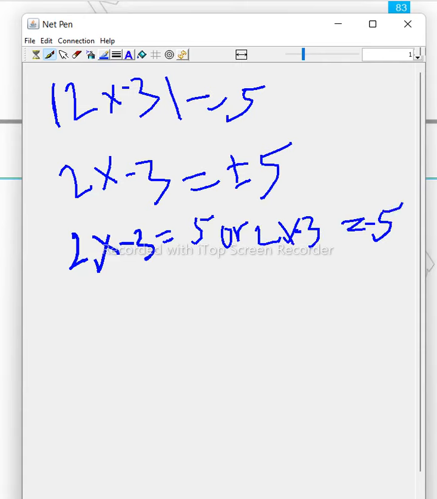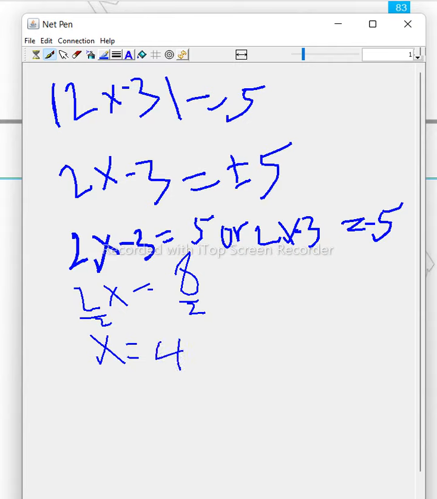Then we can move the minus 3 to the right of the equation with the opposite sign. Here we have negative, and when moved to the right, it will become positive. So 2x is equal to 5 plus 3, which is 8. So x is equal to, divide both sides by 2. 2 by 2 leaves only x, and 8 divided by 2 is 4.